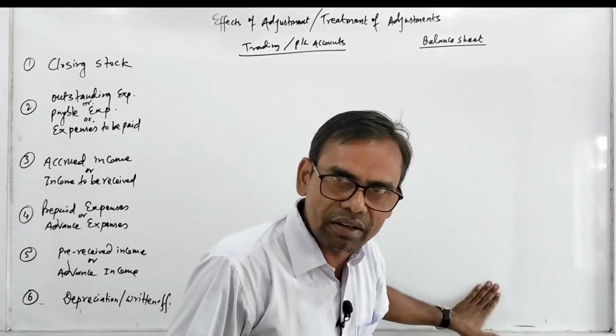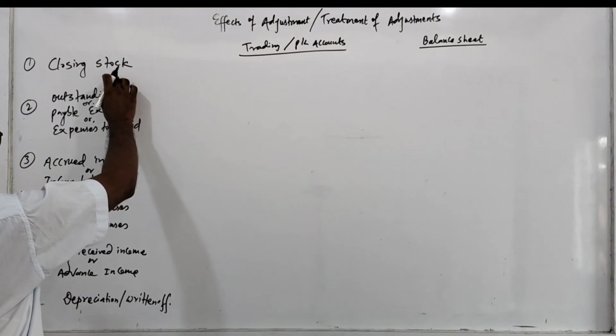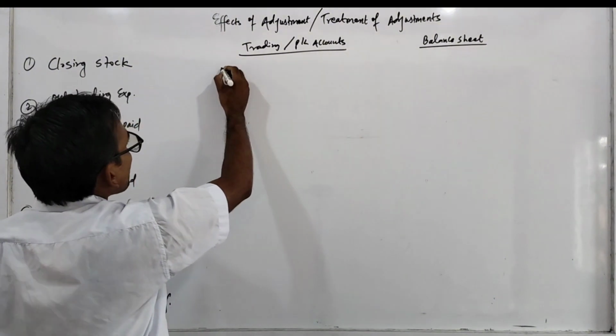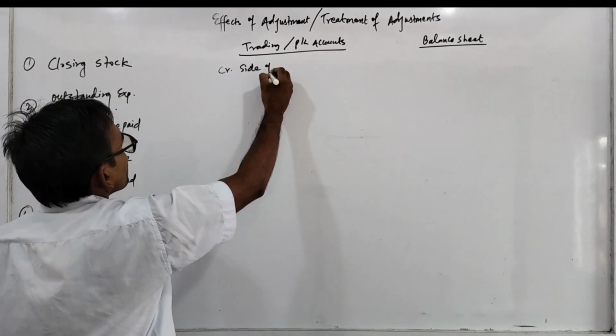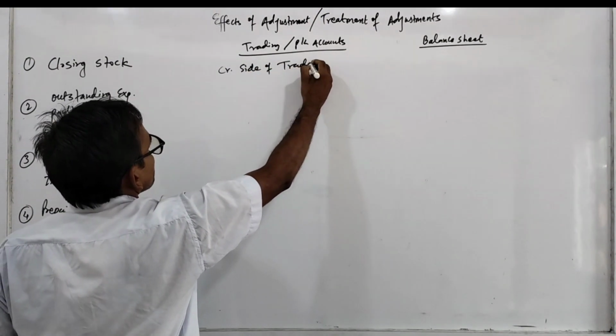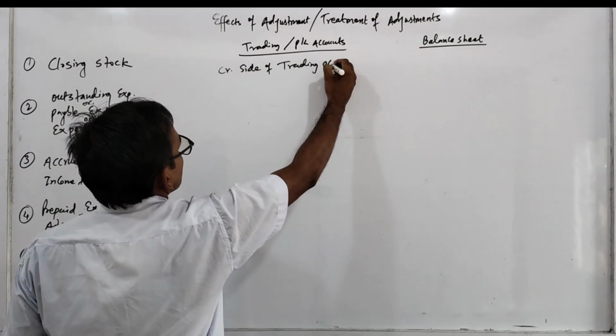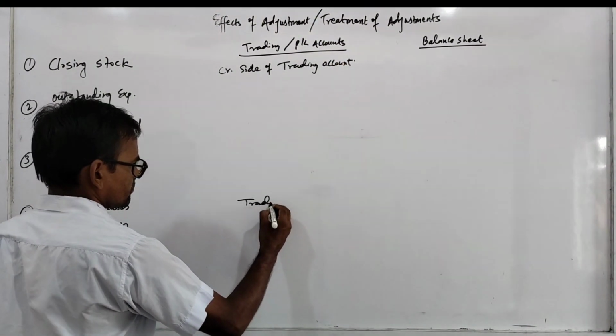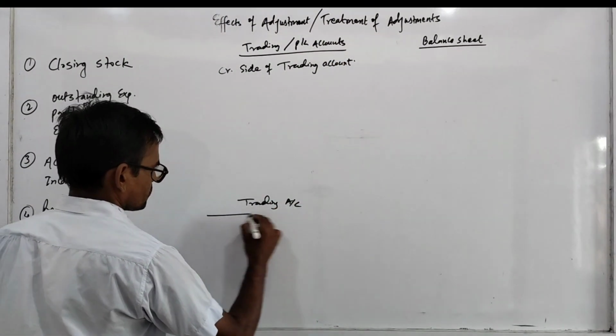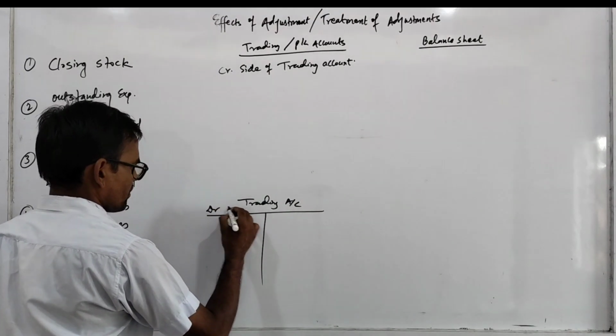The balance sheet is common. So if there is closing stock, we have to record it on the credit side of the trading account. Suppose here is the trading account, debit and credit.